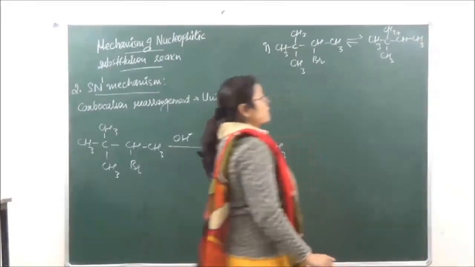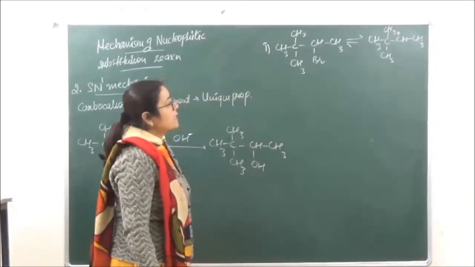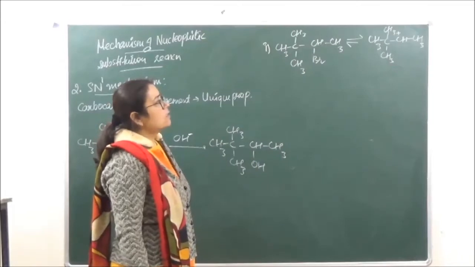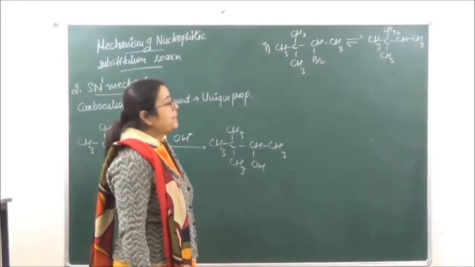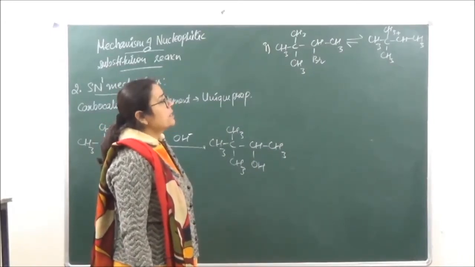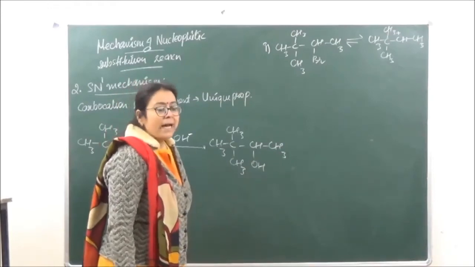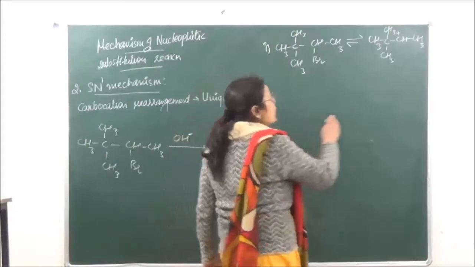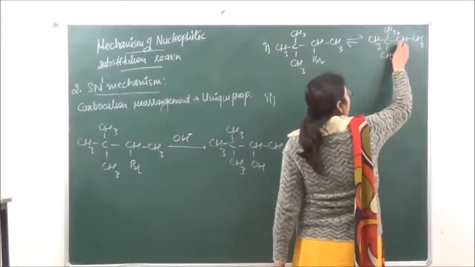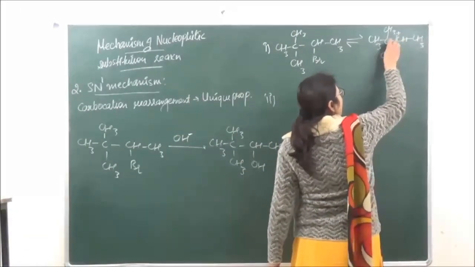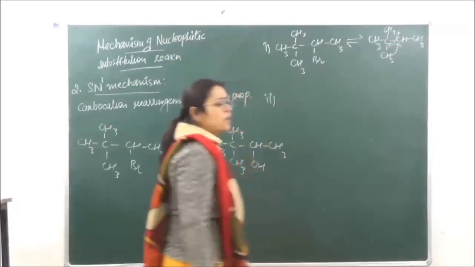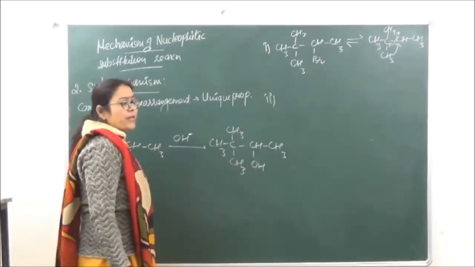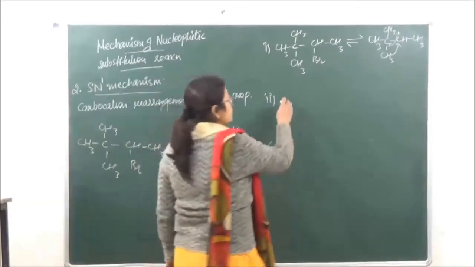This is the carbocation which is going to be formed. Now again this carbocation is a 2 degree carbocation, right? So in order to make the carbocation more stable, the methyl is going to shift from this carbon. So in the second step, this methyl will shift to this carbon and the positive charge will go to this one. So we get a 3 degree carbocation which is more stable.